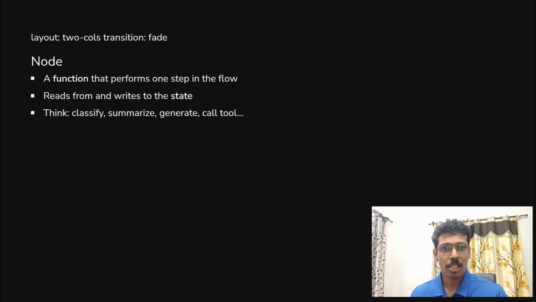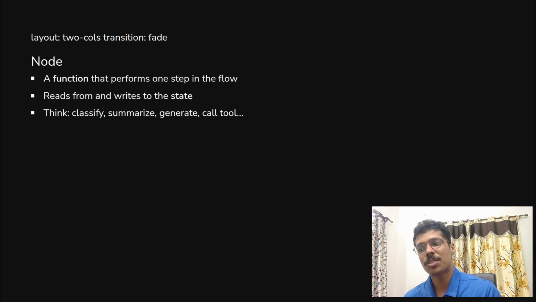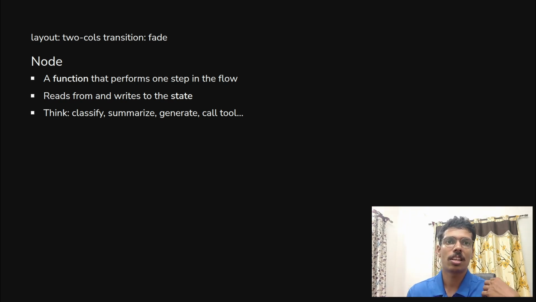The second major component in a LangGraph is a node. A node is a function that performs one step in the flow. It could be another LLM call or a tool call. It reads from the state and writes the new state.